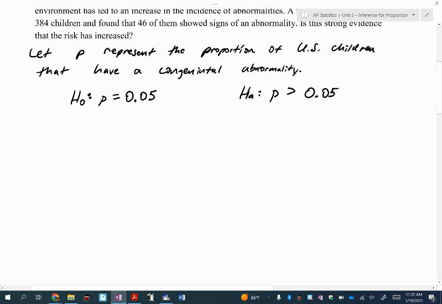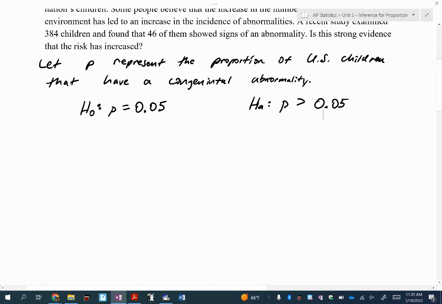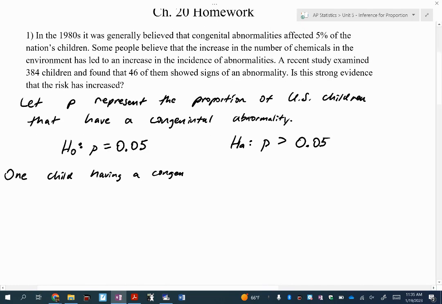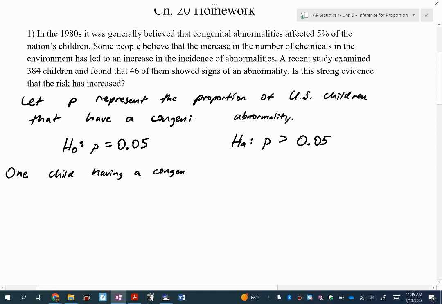So what am I assuming in terms of independence here for these children? One child having a congenital abnormality does not change the chance of the next child having an abnormality. Very good. I'm going to use a lot fewer words than that, but totally right. So one child having a congenital abnormality won't affect others.